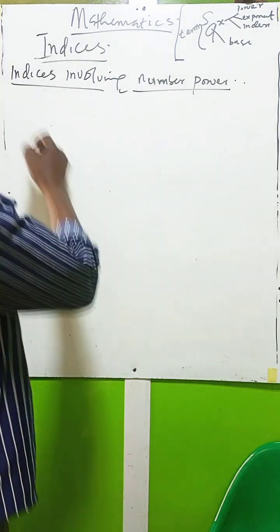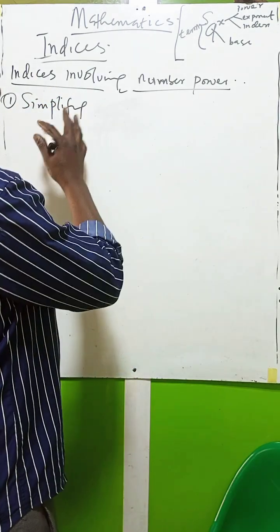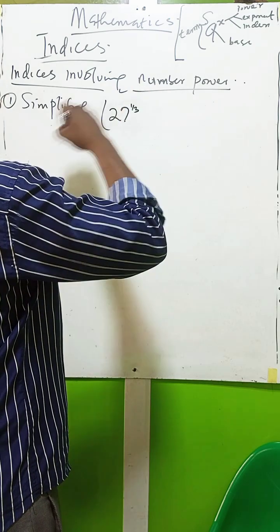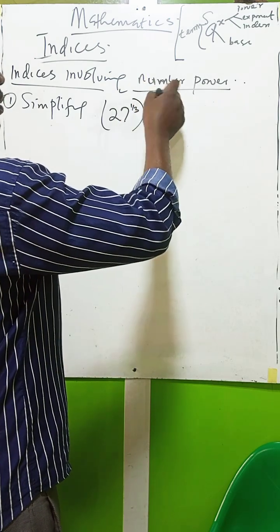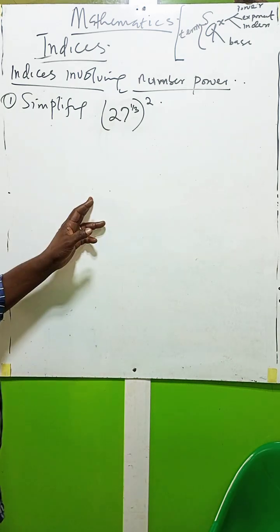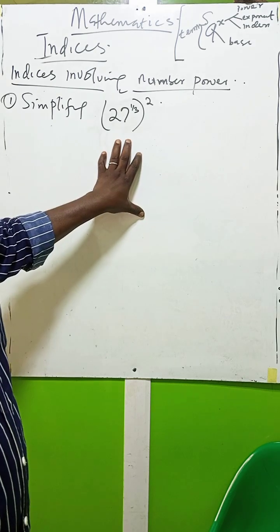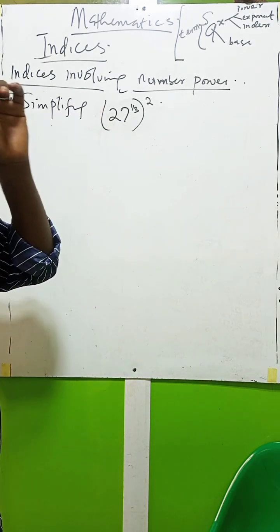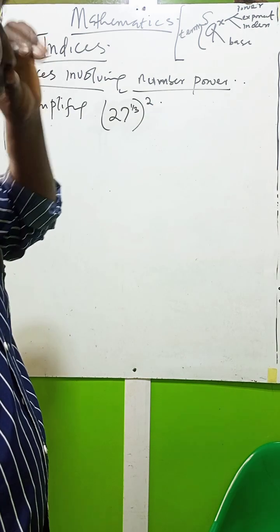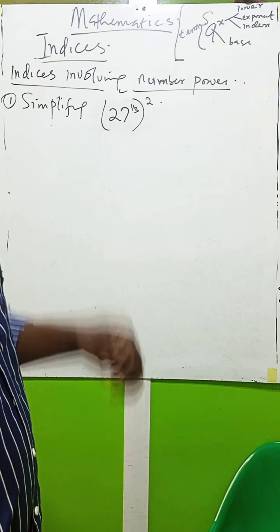Now let's see some problems. It says simplify 27 raised to the power 1 over 3, then bracket 2. Here, we can spot 2 laws, law number 8 and 9. Law number 8 states that if we have powers in brackets, we can multiply the powers.